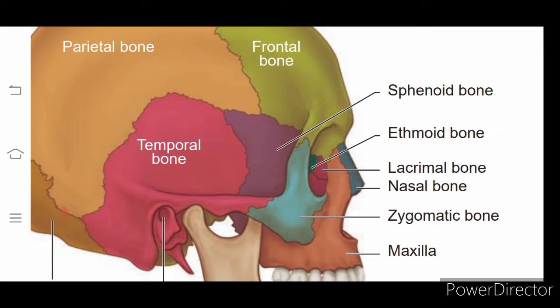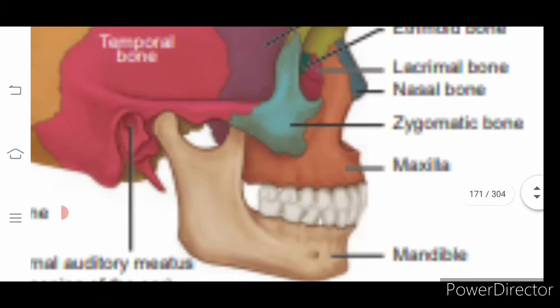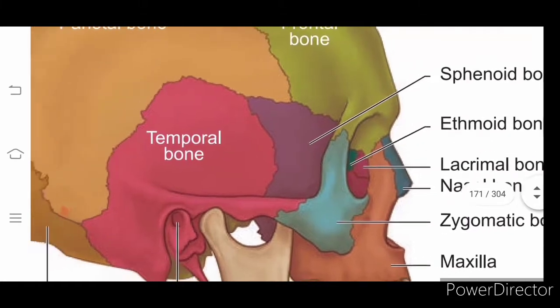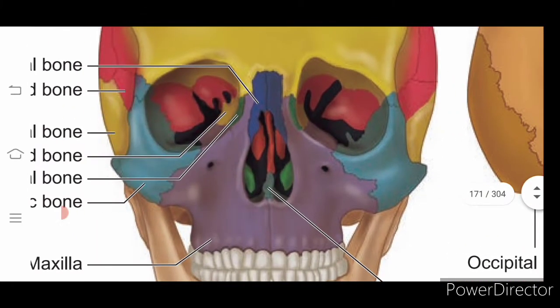Then the sphenoid bone. Follow, the upper jaw is called maxilla, the lower is mandible, and the cheekbone is called the zygomatic bone. It is important for one more question. The bone present in the cheek region is the zygomatic bone. Follow? So you can just touch and feel your skull to know the names of these.